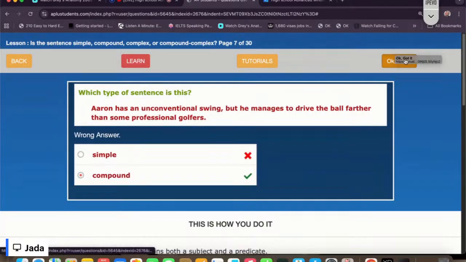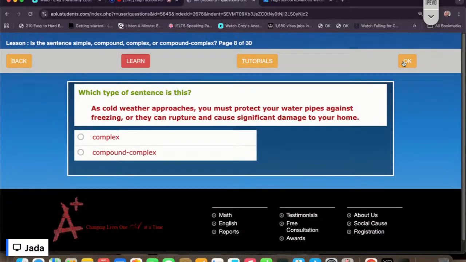Alright, so we have simple sentence. So that's it for our lesson under the simple, compound, and complex. Can you tell me if you have any questions?